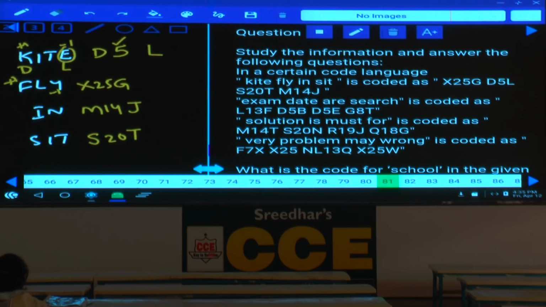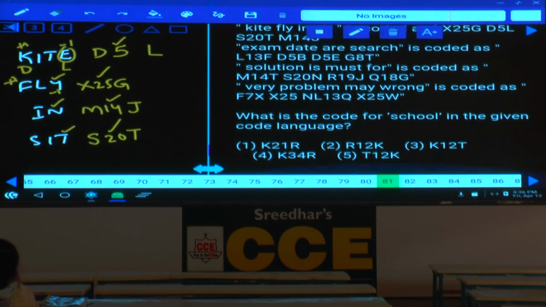The place value of the last letter is written as a number. Similarly here Y is 25, N is 14, and T is 20. Clear now? The first letter plus 1 is written as the last letter minus 1 written as the first letter, and the middle number is nothing but the value of the last letter. Done? Then question numbers 81 to 85.